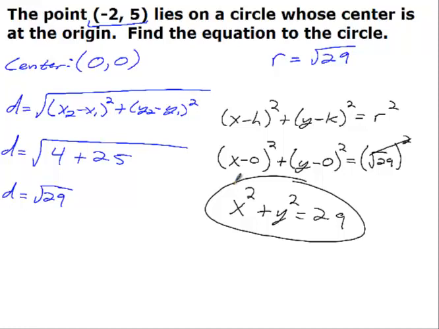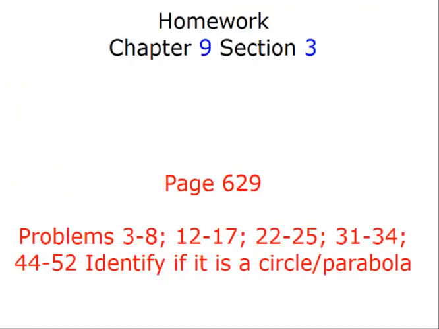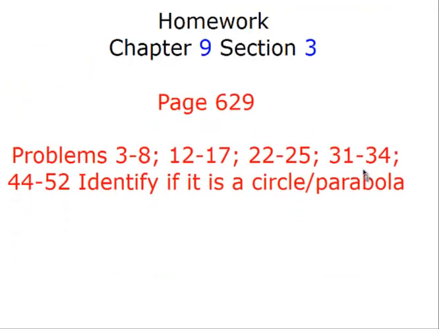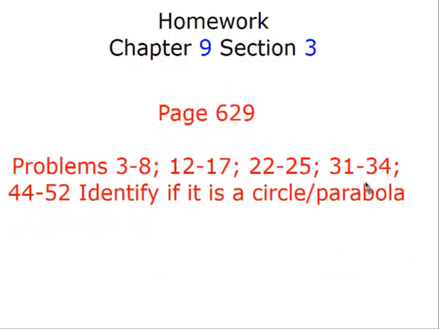Okay? So any major questions on this? On how to use this formula right here for the equation for a circle? Any questions on that? Yeah? Ta-da. So, real quick, I do want to explain something. 44 through 52, it tells you that those are either equations to circles or equations to parabolas.